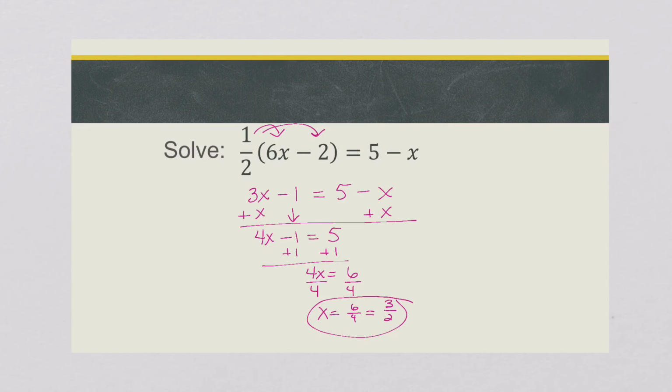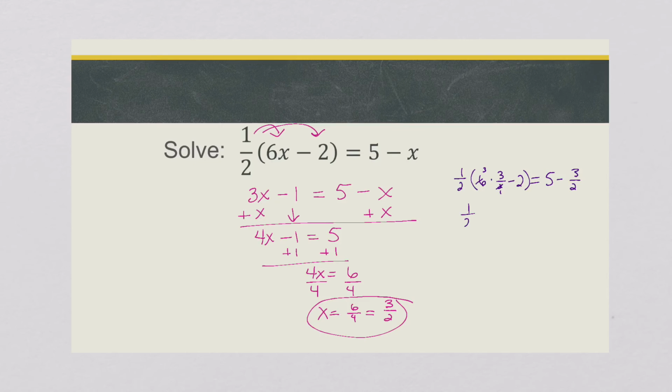So I've got 1/2 times 6 times 3/2 minus 2. Is that equal to 5 minus 3/2? So 6 times 3/2, let's see here.